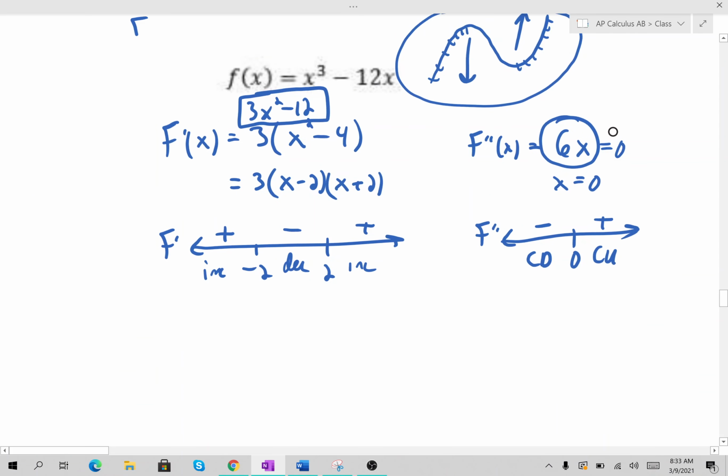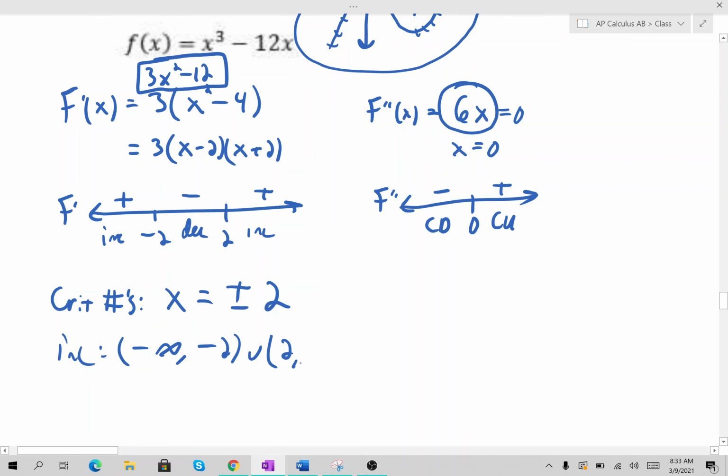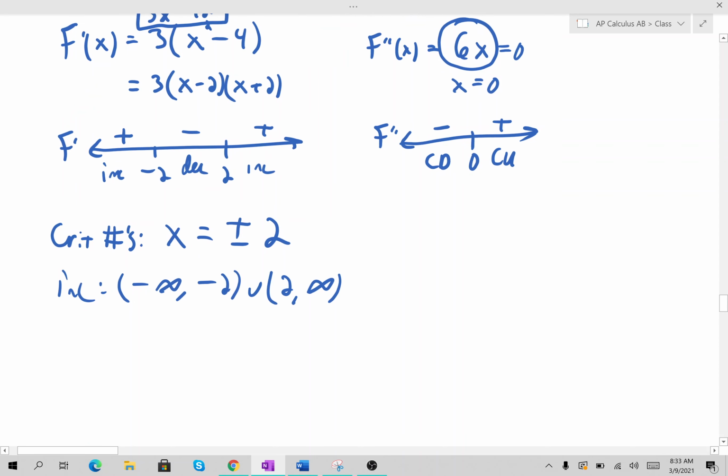Exactly like we expected. And if you list all this out, we have critical numbers from our first derivative. Remember, the function has to be defined, though. But that's just plus and minus 2. We have increasing from -infinity to -2, and decreasing between -2 and 2.